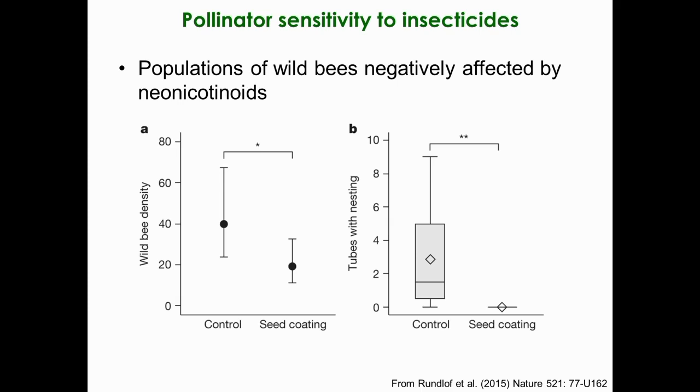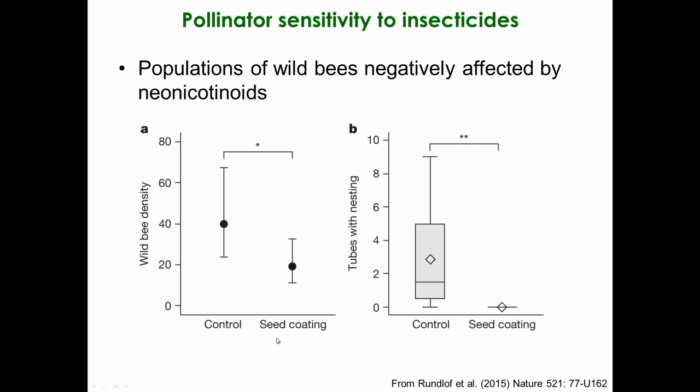Some of the evidence linking neonics to bee loss has initially been indirect, but a number of recent studies, such as this one published in Nature about 5 years ago, provide some more compelling evidence that there is indeed a direct link between the use of these chemicals and bee survival.